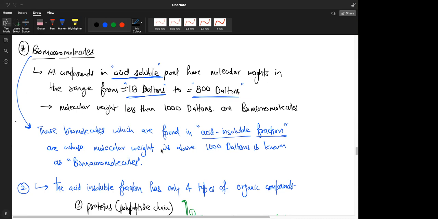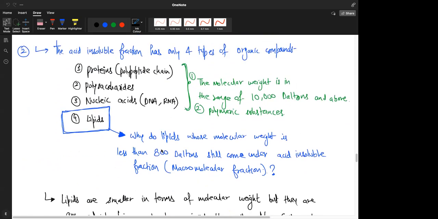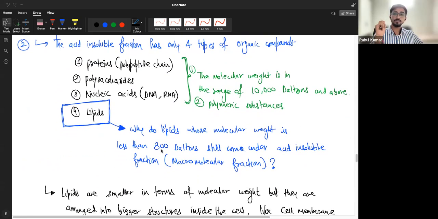Those found in the acid-insoluble fraction, whose molecular weight is above 1000 daltons, are known as biomacromolecules. The acid-insoluble fraction has 4 types of organic compounds. When we use the word acid-insoluble fraction or biomacromolecules, it's the same, right? It's synonymous.